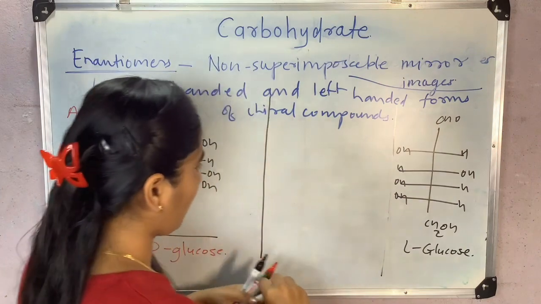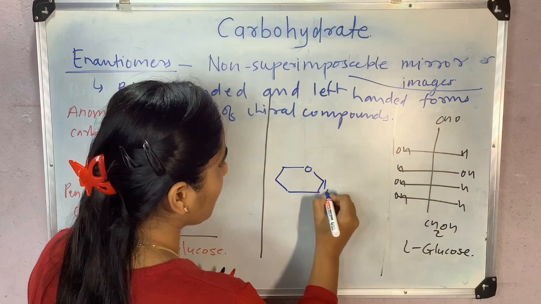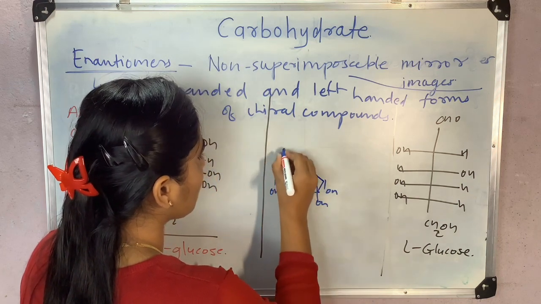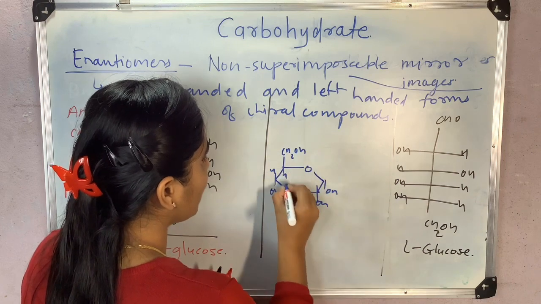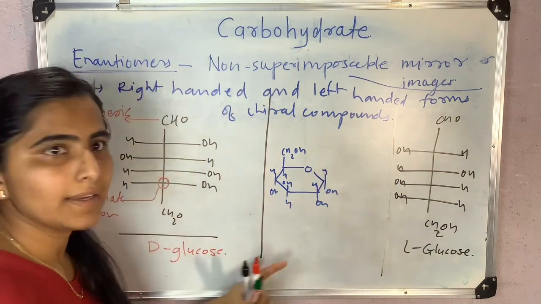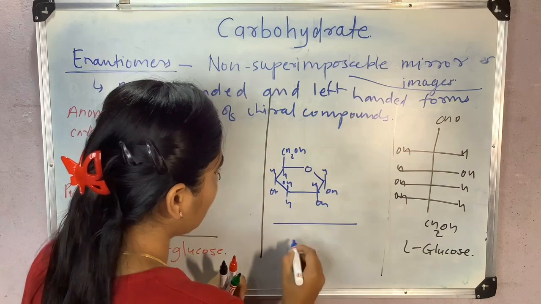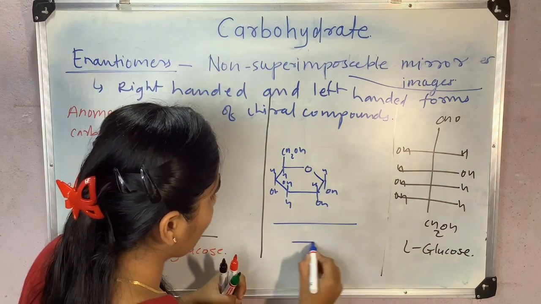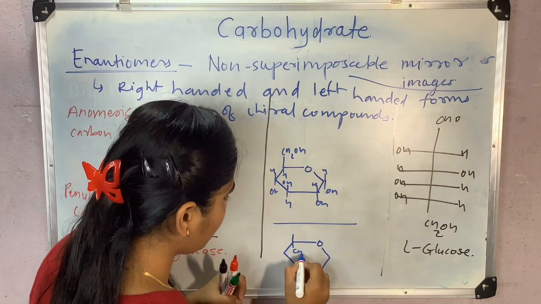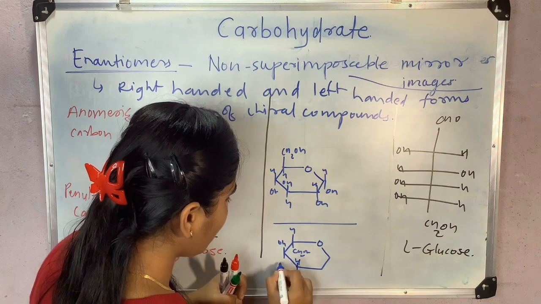Suppose this one is the D glucose, CH2OH, H, H, H, OH, H and H. Then L glucose will be the mirror image of this. I'll draw here like CH2OH, H, OH, H, OH.